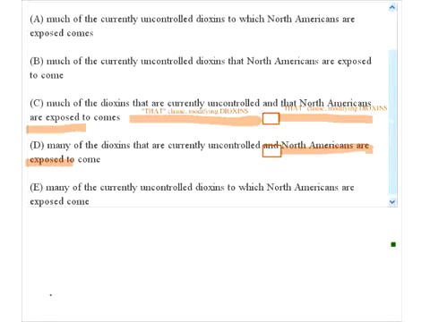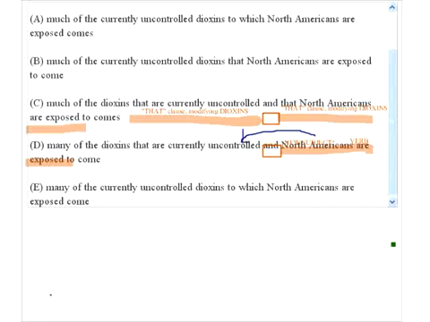This, though, this is a new subject. And this is a verb. And then dioxins is an object here. The problem is there's nothing over here that's parallel to that. So nothing over here has an analogous construction.